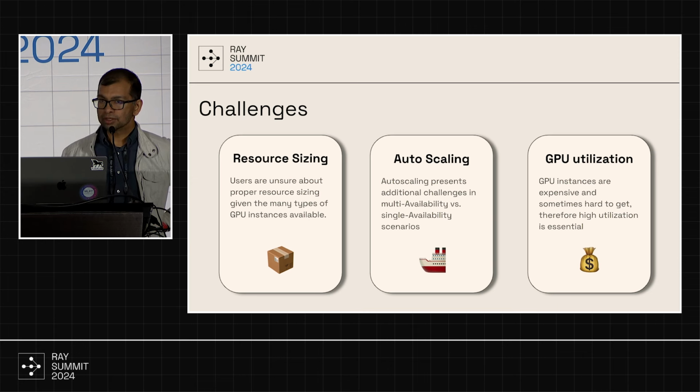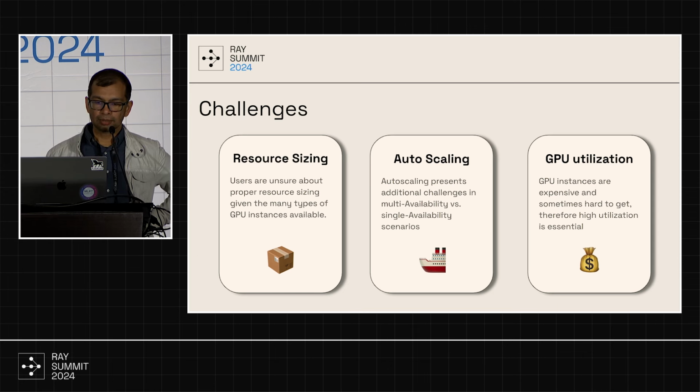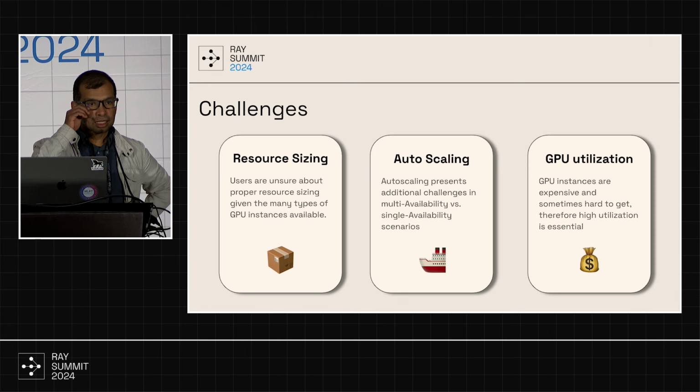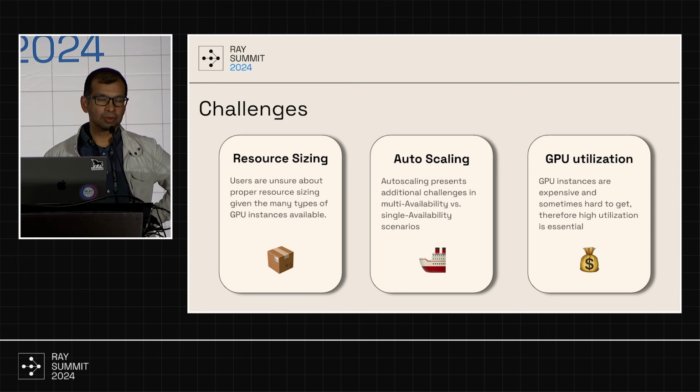Autoscaling attempts to help, but also brings its own challenges that we have seen. And then lastly, GPU utilization is a problem that both the ML practitioner and the infra engineers try to solve because of the high demand for GPUs and the cost involved.